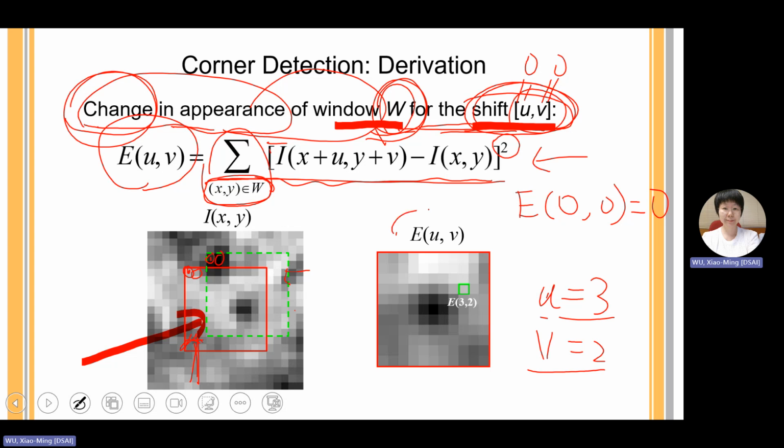Actually, EUV here is a visualization of this function. This block represents E00, so it's completely dark.